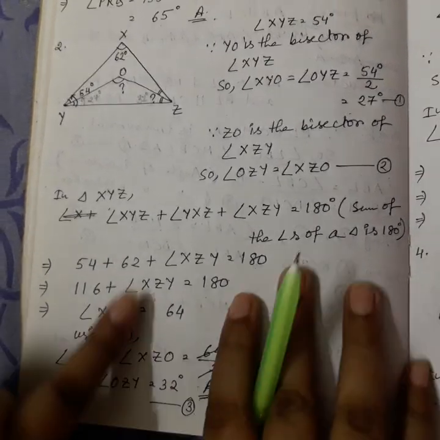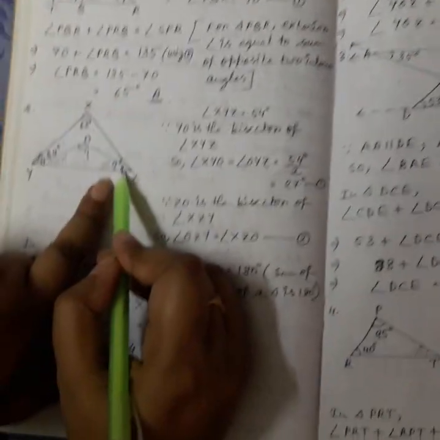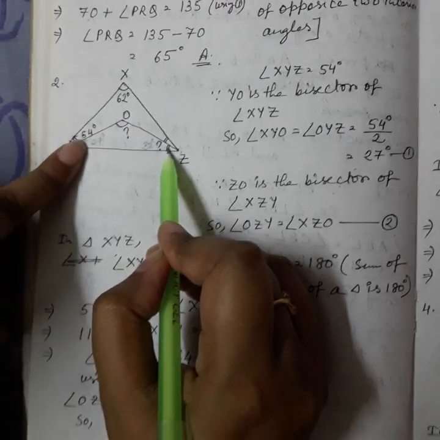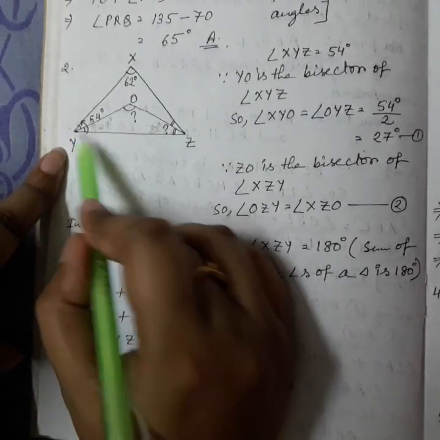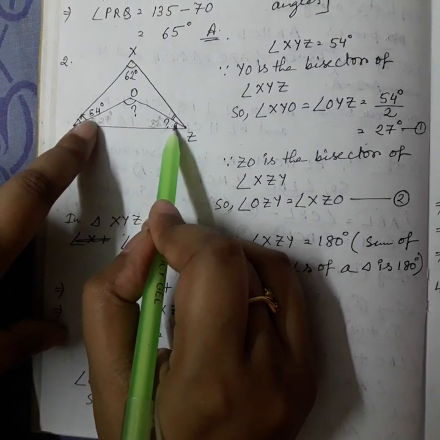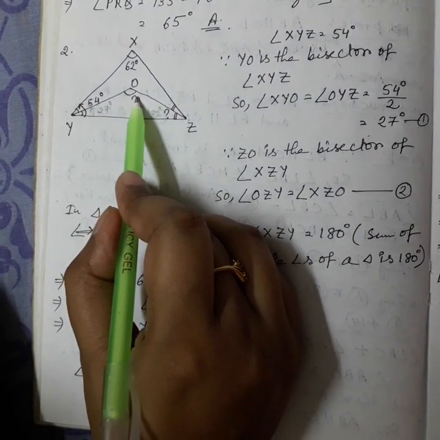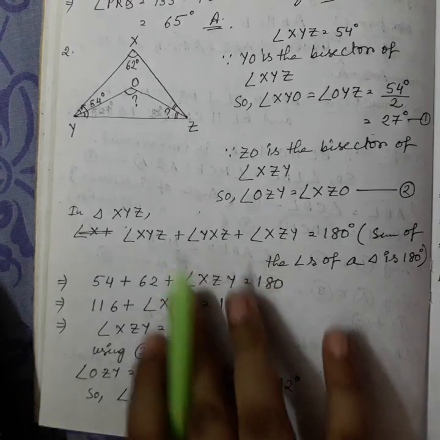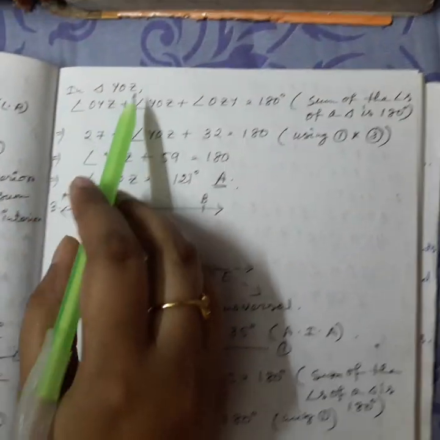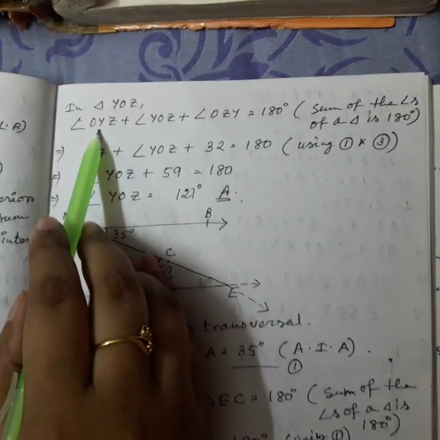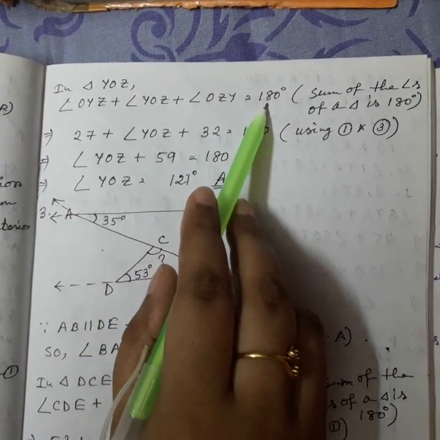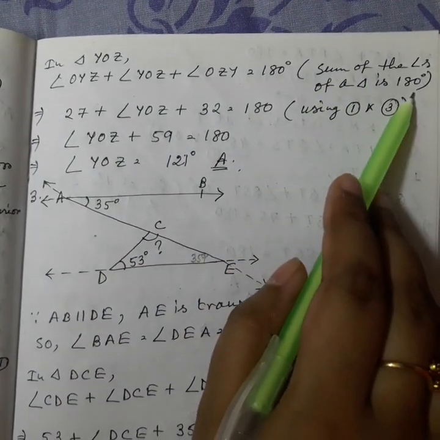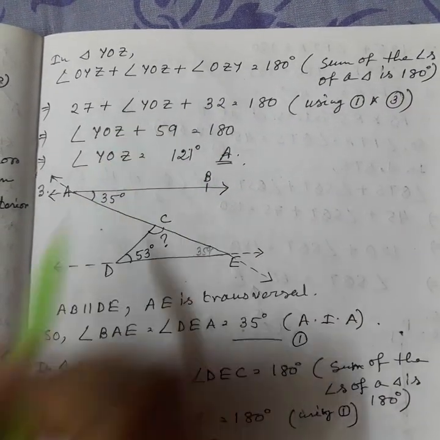Make it 3. This angle we found is 32 degrees and this angle is 27 degrees. If we take this triangle OYZ, these two angles are given, so this angle we can easily find by the triangle property. In triangle OYZ, angle OYZ plus angle YOZ plus angle OZY equals 180 degrees, as the sum of the angles of a triangle is 180 degrees.